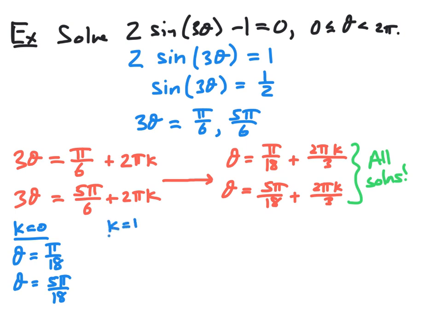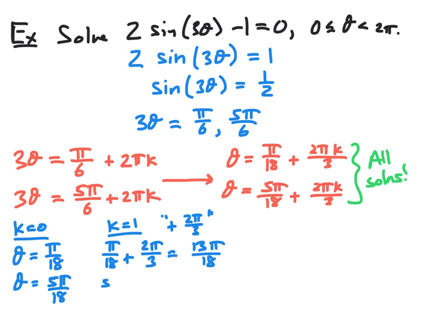We're then going to let k equal 1. And so what we're going to do is add 2 pi over 3. So each of these will add 2 pi times 1 over 3 to each of these two numbers. So our first would be pi over 18 plus 2 pi over 3, and this would be 13 pi over 18.